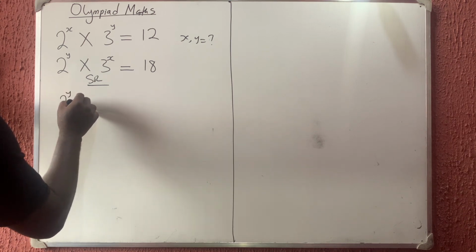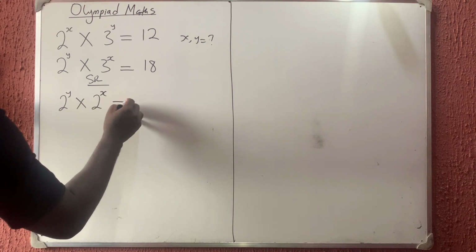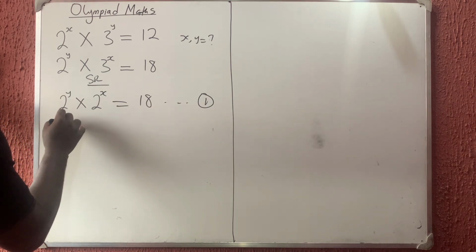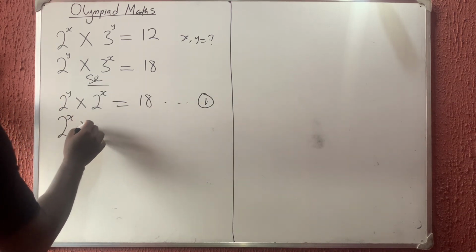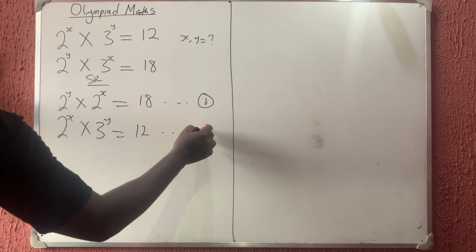2 raised to power y times 2 raised to power x is equal to 18. Let me call this equation 1, and then 2 raised to power x times 3 raised to power y is equal to 12. Let me call it equation 2.